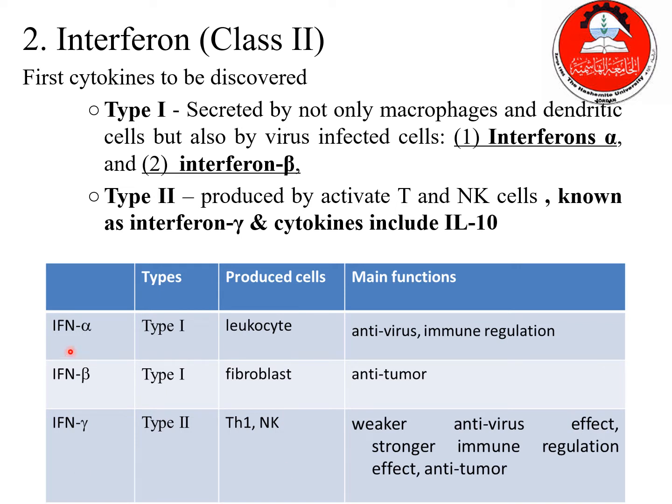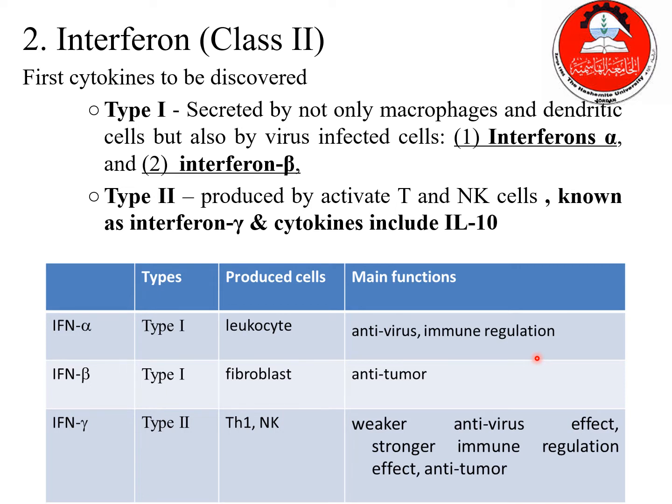So here, as we can see, interferon alpha is type 1, produced by leukocytes, and its main function is antiviral and immune regulation. It protects against viruses and has a role in immune regulation. Interferon beta, type 1, is produced by fibroblasts, and it is anti-cancerous.